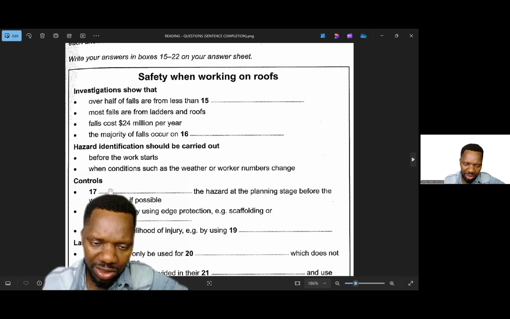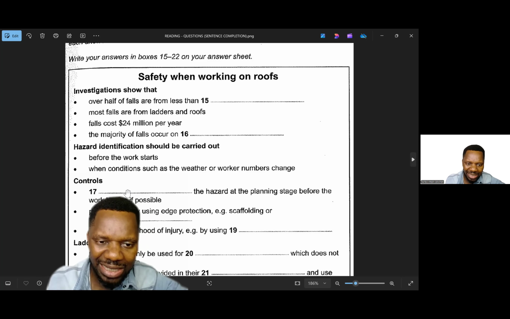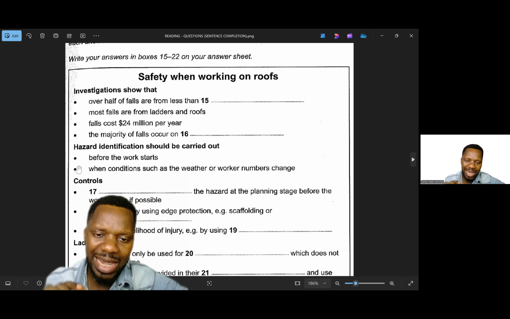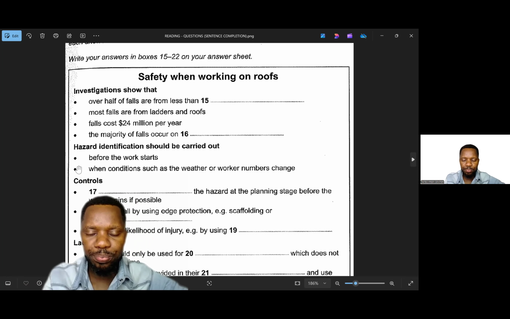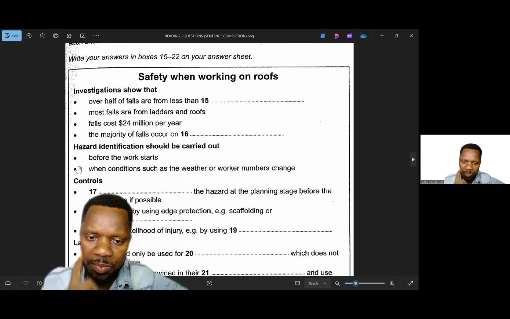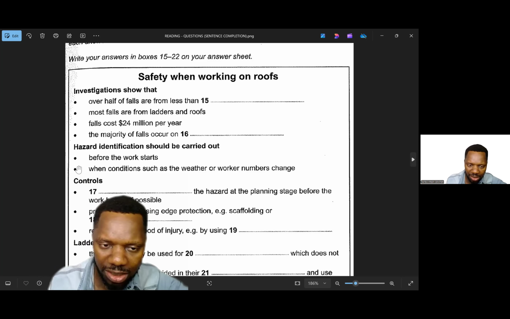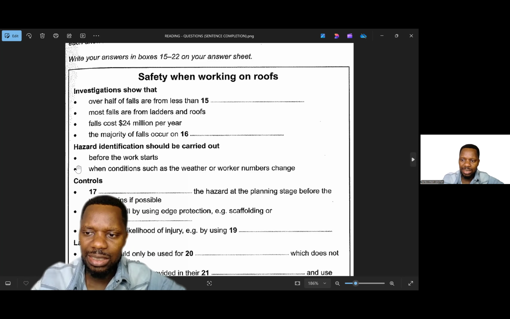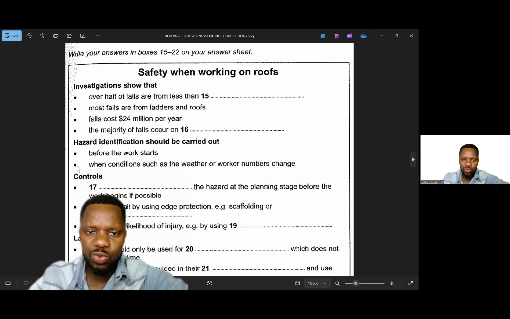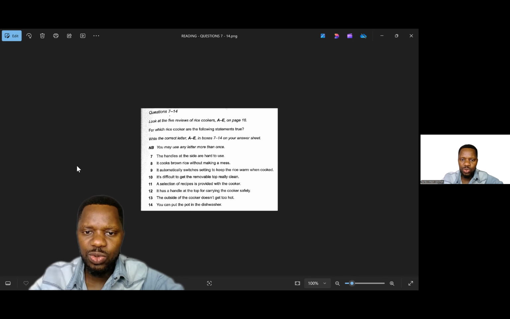So the right word to be chosen as your right answer is eliminate. So if you bring that here, it says eliminate the hazard at the planning stage before the work begins, if possible. Eliminate, right? That's where your answer is.